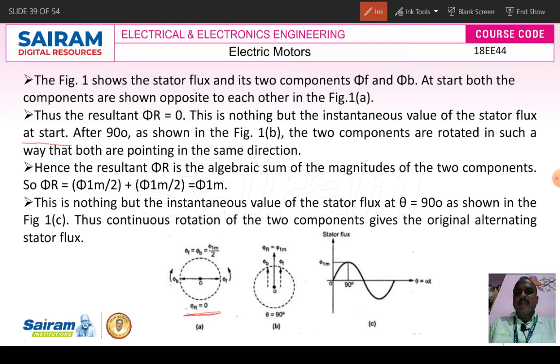After 90 degrees, as you can see in figure B, the two components have rotated in such a way that both are pointing in the same direction.